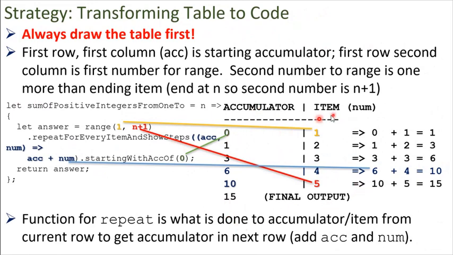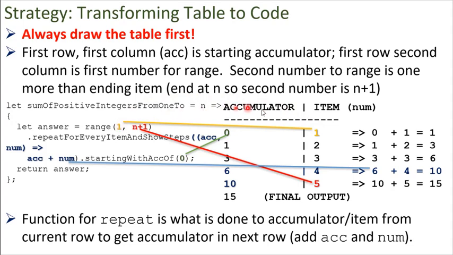So once you've set up the table, right? This is really the main step, actually setting up the table and identifying the pattern. Because once you've set up the table, the code comes naturally, right? So whatever's in your first row, first column, so your starting accumulator, is going to be what you put in that starting with ACC of, right? Whatever your first item is, that's going to be the beginning of your range, right?